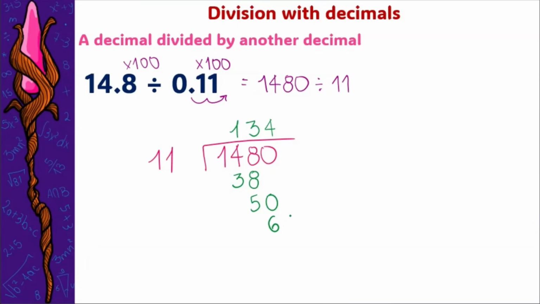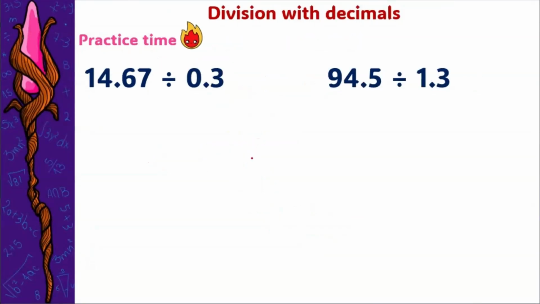So this 6 is the remainder, which we divide by 100, because we multiplied at the beginning, so this is actually 0.06. So this division, the one at the beginning, is actually 134 with a remainder of 0.06.